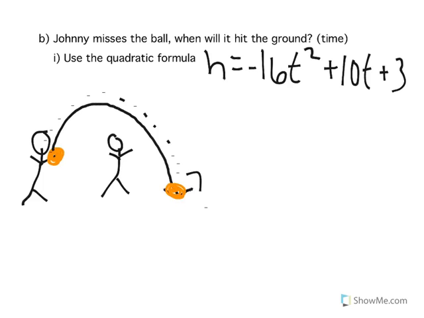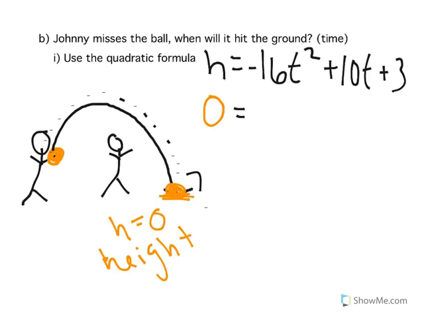With this equation, if we're trying to find when the ball is going to hit the ground, this height right here is 0, because at the ground there is no height. So we're going to plug 0 in for h, because we're ending at 0 feet, since it's on the ground.